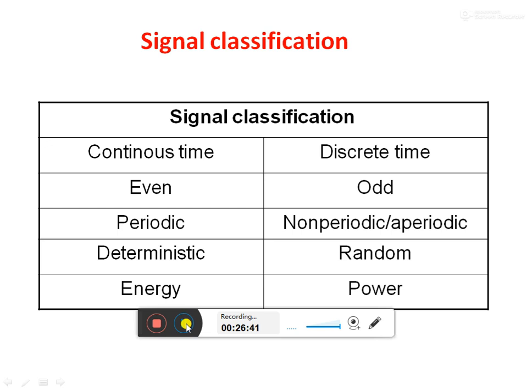And the condition to be maintained for the sampling theorem is that the sampling frequency fs should be greater than or equal to twice the maximum frequency content of the signal. So this has been discussed, and this is just a brief overview of the classification which will be taught to you in the next upcoming classes.